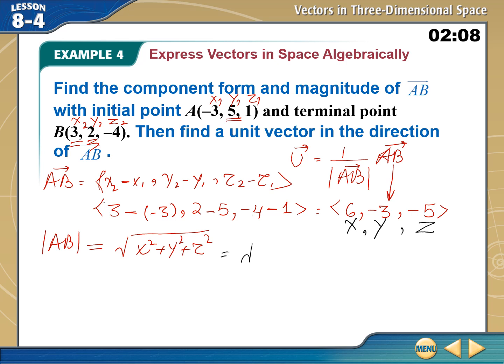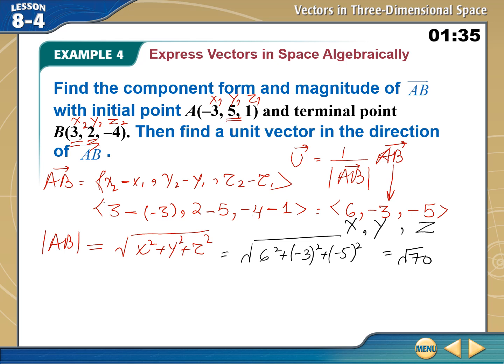So put all these values in this formula: 6 square plus negative 3 whole square plus negative 5 whole square. Now it is better if you write this in the calculator, or you can do it yourself. 6 square means 36, and then 3 square gives us 9, and negative 5 whole square gives us 25. So overall it equals the square root of 70.